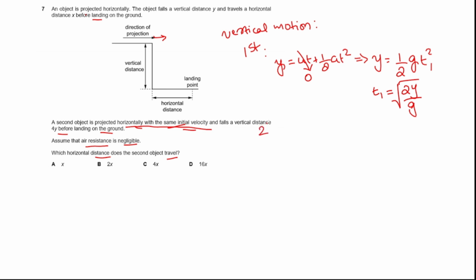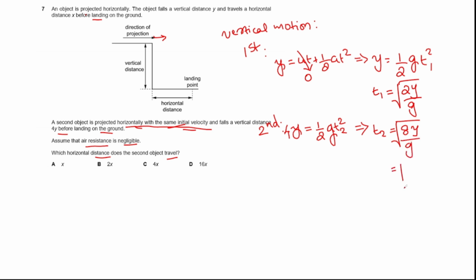So let's consider the second object. The second object also follows the same formula, y is equal to half a t squared, but here the vertical distance is 4y and the acceleration is g, and the time let's represent as t2. By rearranging, you get t2 is equal to root of 8y divided by g.